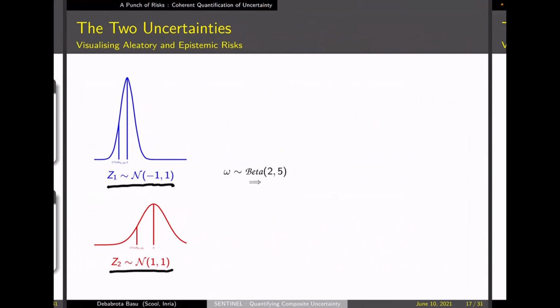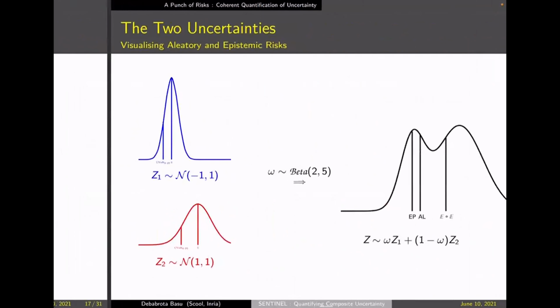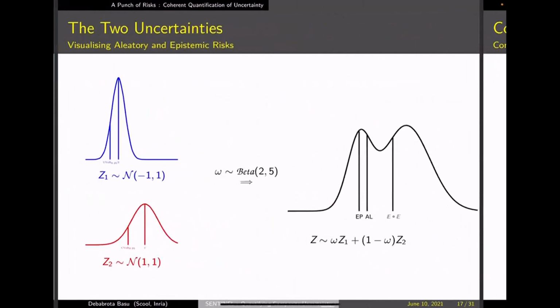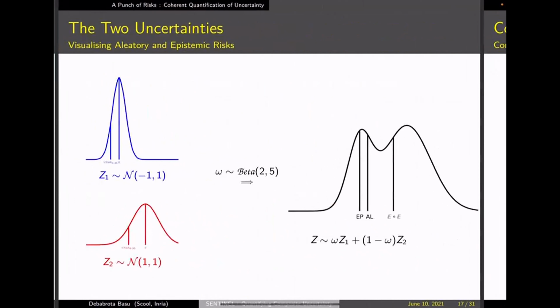And now we wanted to mix them with a weight that is coming from a beta distribution. How do the marginals look like? We have seen that the marginal looks like this black line, right? And in this case, we can see the expectation of this joint thing is still here because the expectation works normally, linearly.